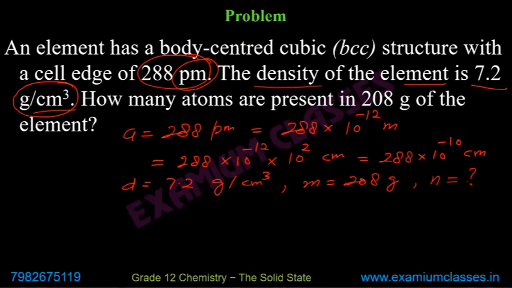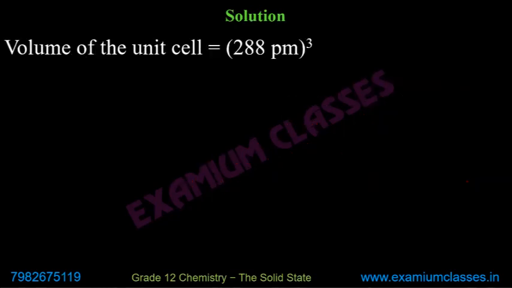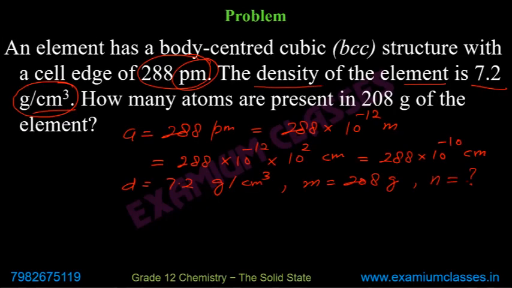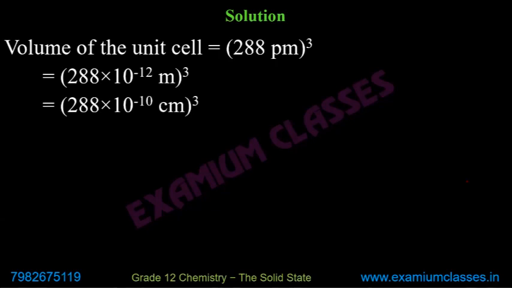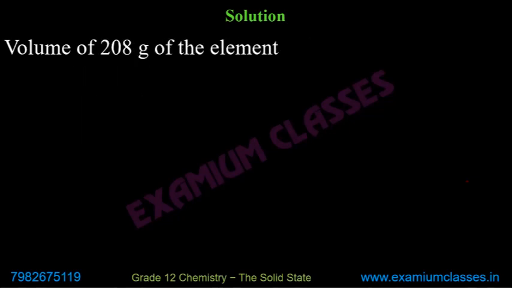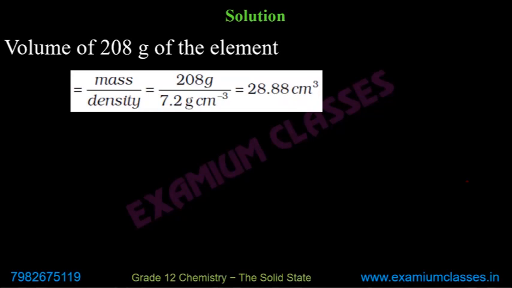Other way around, you can calculate the volume. 288 picometer, that is 288 into 10 power minus 12 meter, that is 288 into 10 power minus 10 centimeter, whole cube. So this is the volume. Volume of 208 grams of element, you know the density, so you get the volume of 208 gram of the element.